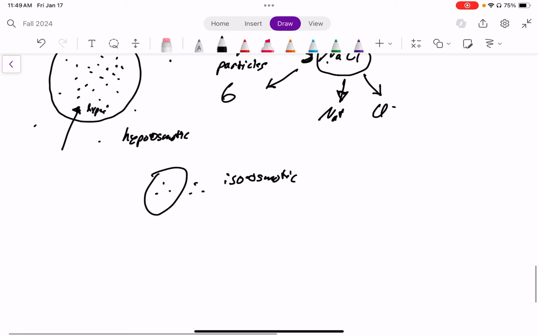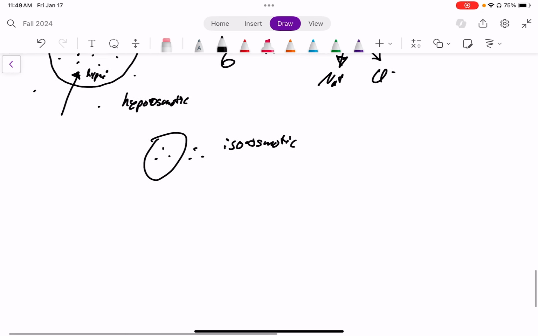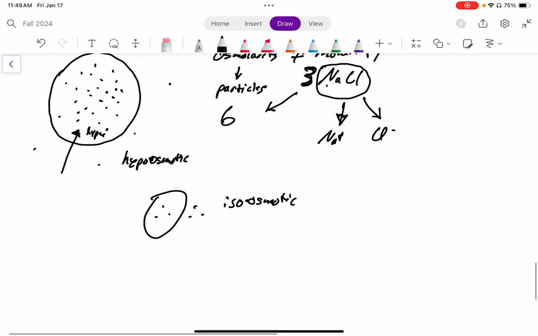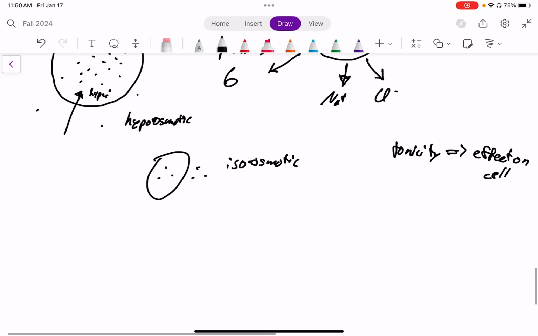Now, the difference between osmolarity and tonicity is also an important thing, because just because something is isoosmotic does not mean that it will be isotonic. Tonicity refers to the effect on the cell. And you have to take this into account after the movement of particles happens.